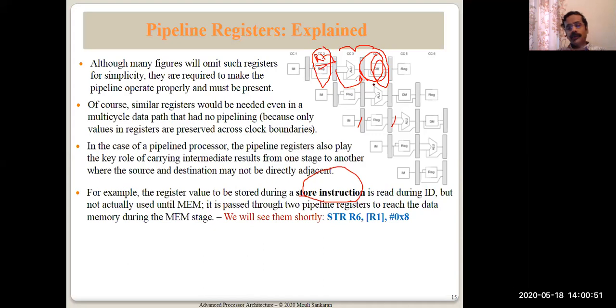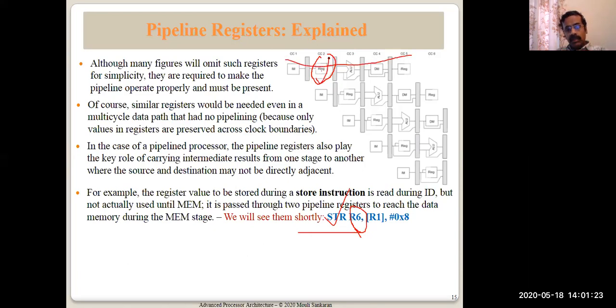Remember, when you are writing into data memory, I have to tell which value is to be written. That I picked up in a stage which is farther ahead, two cycles before. I want to store it. Suppose in this case R6 is the value to be stored. R6 is an operand. I picked it up when this instruction was executed here, when the store instruction was passing through the different stages.